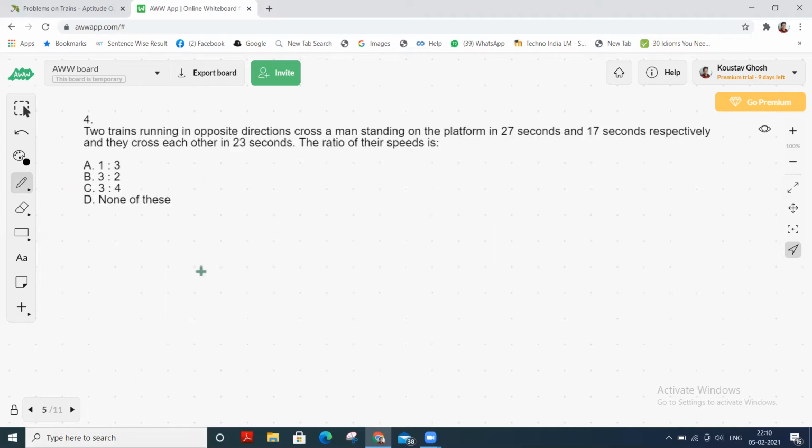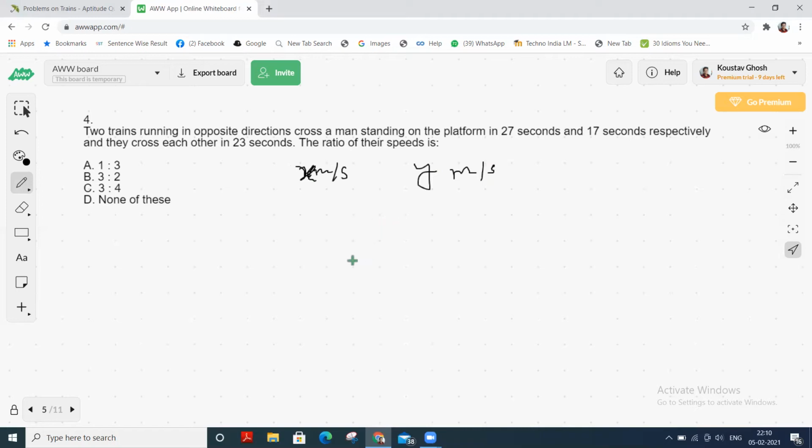Now coming to the next question. Question number 4. Read the question. Two trains running in opposite directions cross a man standing on the platform in 27 seconds and 17 seconds respectively, and they cross each other in 23 seconds. The ratio of their speeds is. Okay, let the speeds of the two trains be x meter per second and y meter per second respectively.